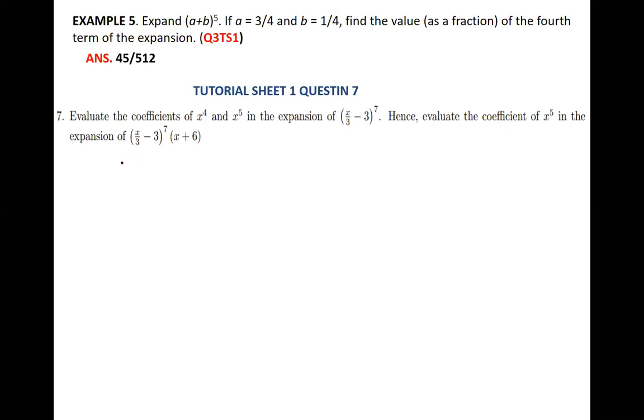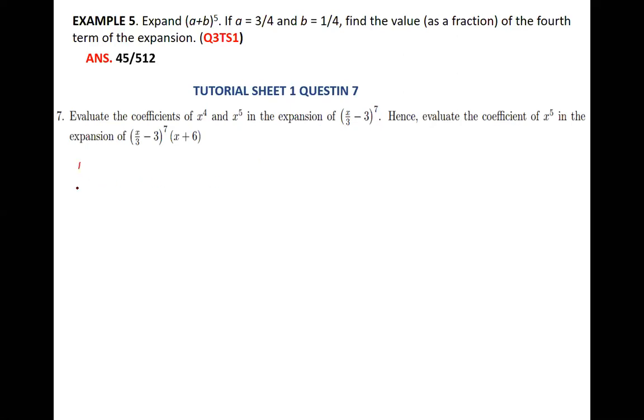So how you work out such questions is, you first have to get the coefficients of x to the power 4 and x to the power 5 in this expansion. And how do you do that? How can you just pick out x to the power 4 and x to the power 5 in the expansion of that? It's first by finding the value of r. So how do you find the value of r?